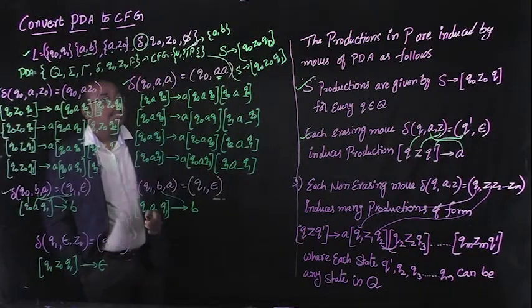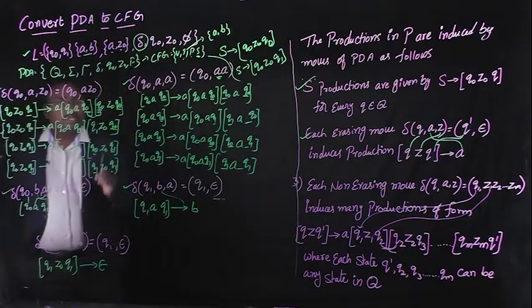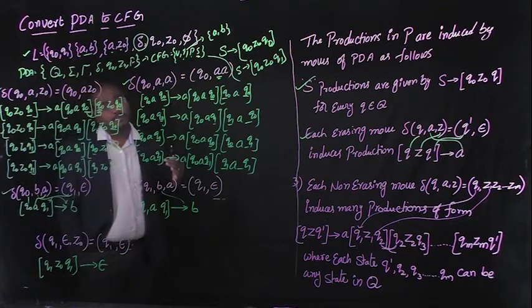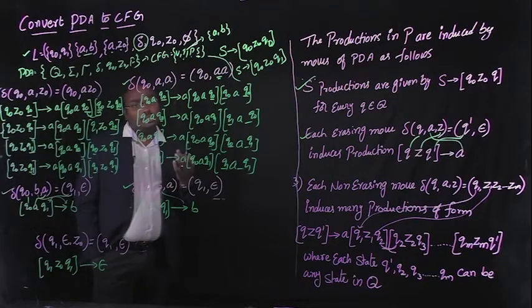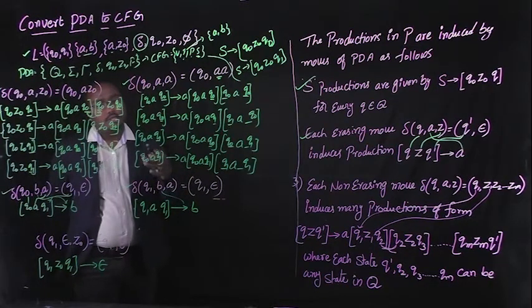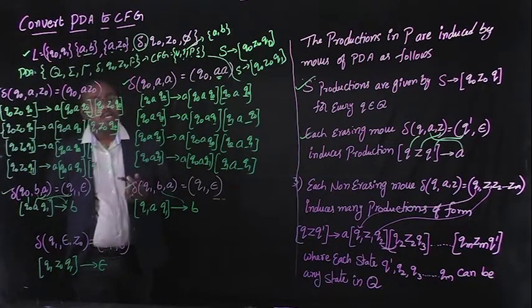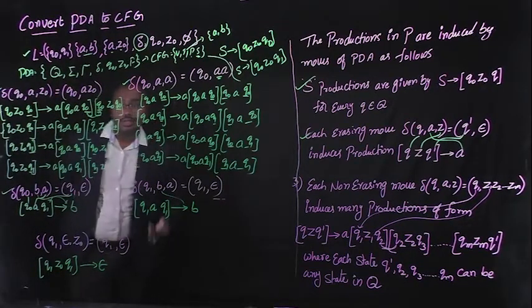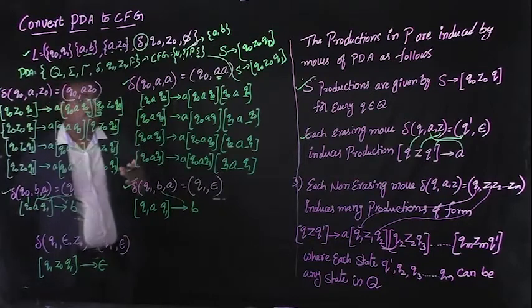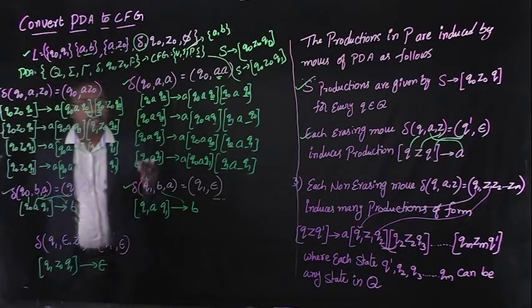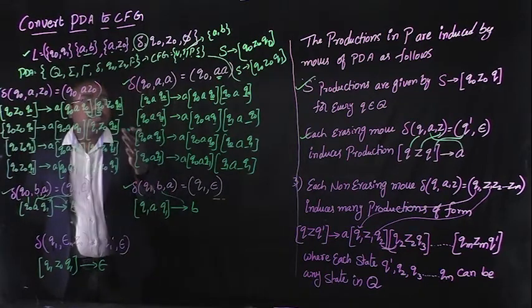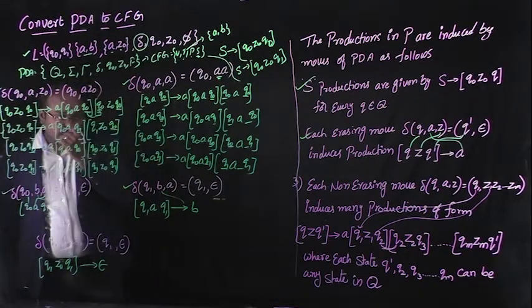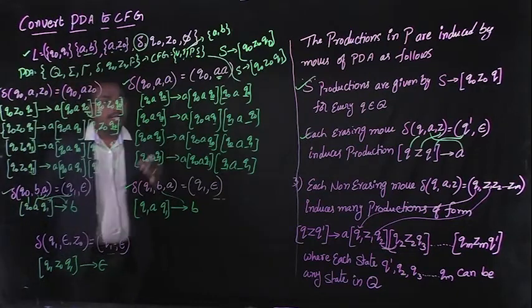So a total of 13 productions are there, and among these many are useless productions. We can remove the useless productions. In the previous chapters we learned how to remove useless productions and unreachable states, and here also we can remove them.